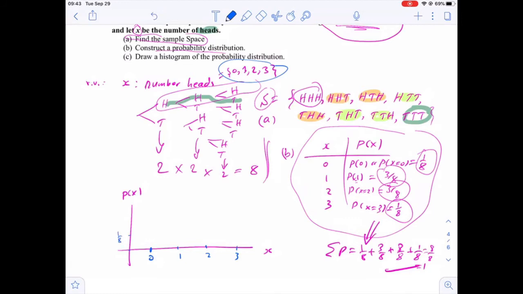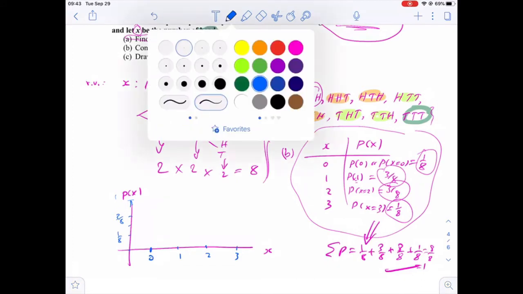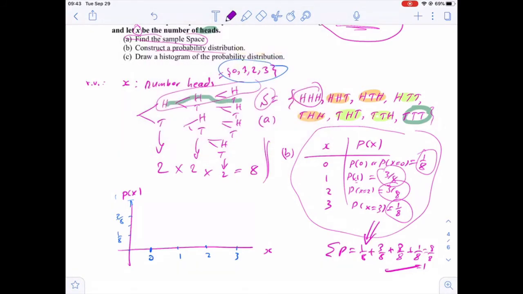We can put, for example, here 1/8, 2/8, 3/8 up to 1. Now we want to find, for example, here probability of 0. Probability of 0 is 1/8. So we draw a bar here, and then we construct a rectangle.